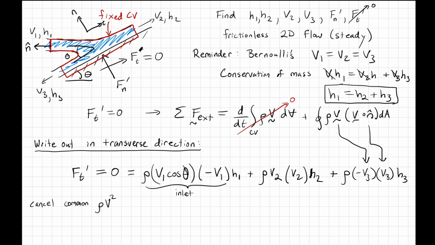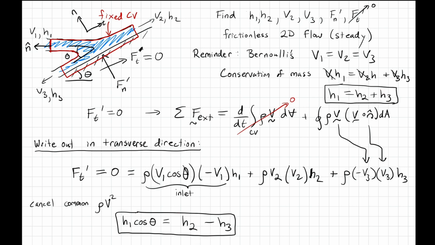So what I'll find is that h1 cosine theta equals h2 minus h3. So remember that h1 was known, that's a given, and h2 and h3 are things that I was looking to solve for.